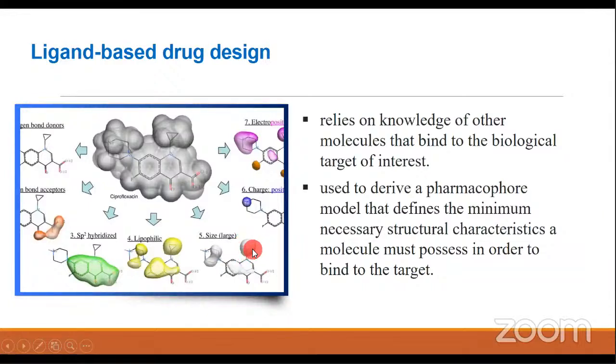Here you can see a 3-membered ring, and here a 6-membered ring. It also has positively charged, electropositive groups in this position. So from this one molecule, we're able to get so much information.